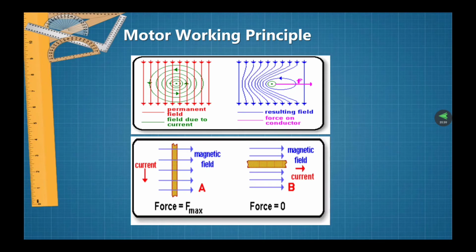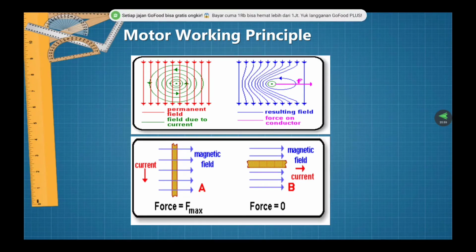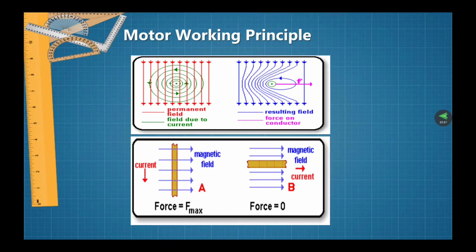A moving charge in a magnetic field experiences a force perpendicular to its own velocity and to the magnetic field. A permanent magnet's magnetic field pulls on ferromagnetic materials such as iron and attracts or repels other magnets.